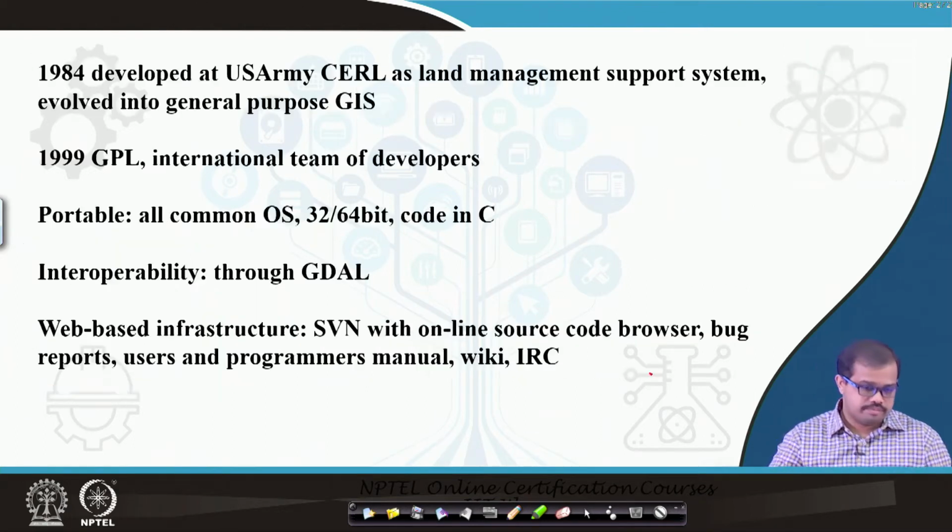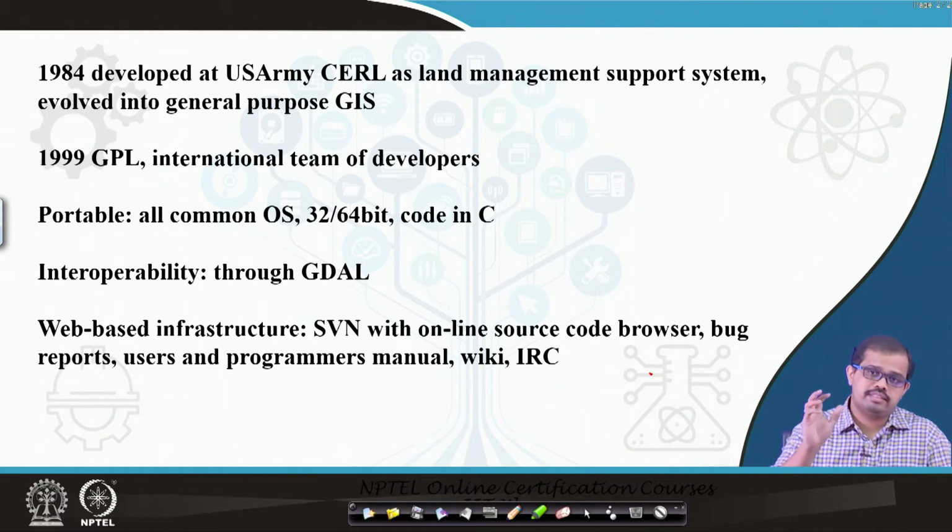It was developed in 1984 for the US Army as a land management support system and evolved as a general purpose GIS. In 1999, an international team of developers under the GPL took this over. It is actually portable. Any of the common OS can be used, whether 32-bit or 64-bit.